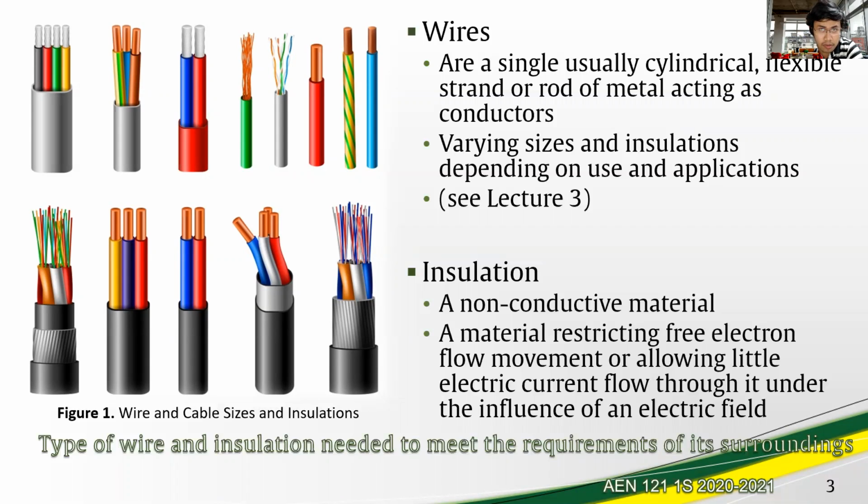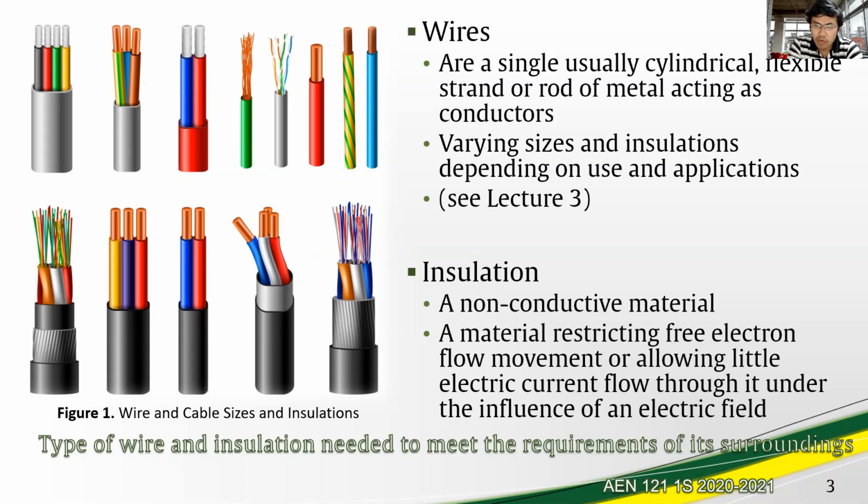Now, the insulation is a non-conductive material, restricting the free movement and flow of electrons in the conductors. Why? Because basically you want to limit the loss and also keep people and other living things safe from the current or from the electricity.